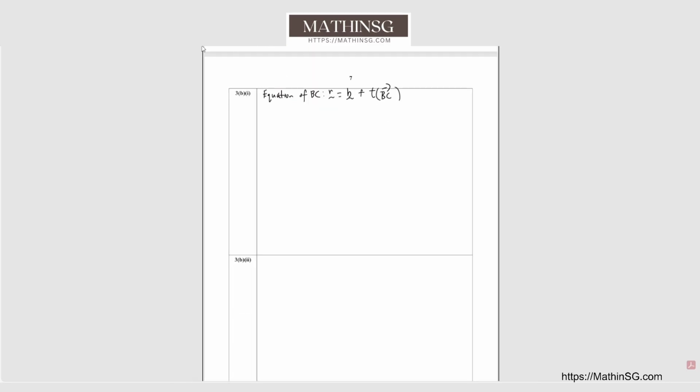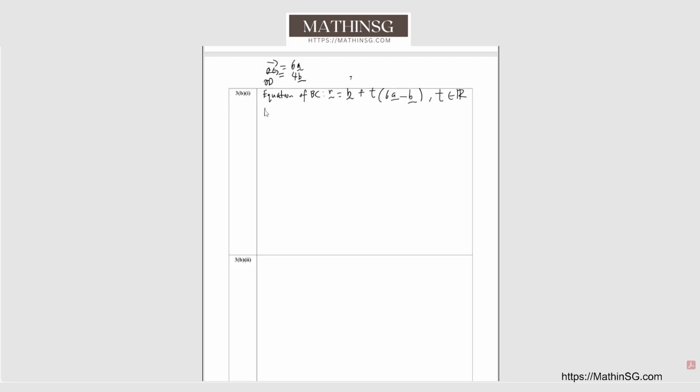Let me first write them here. So BC is OC, which is 6a, minus OB, which is b. So it's 6a minus b.